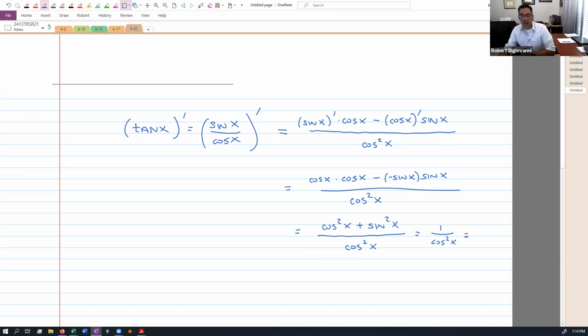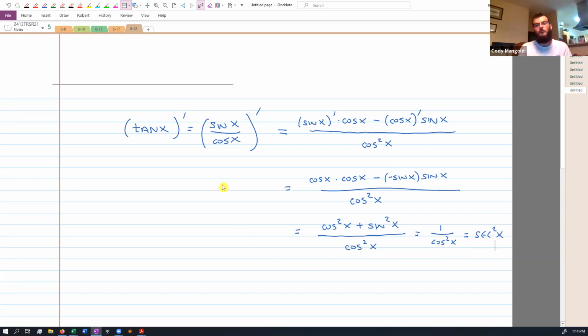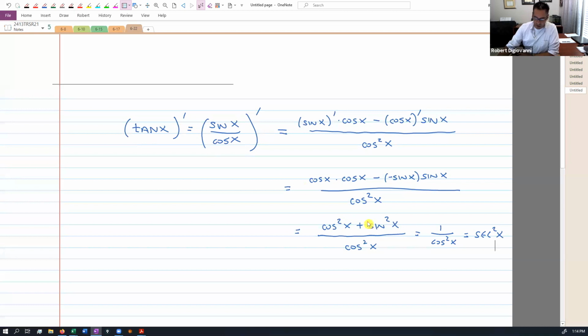But 1 over cosine is secant, so this is actually just secant squared x. I didn't do it all out, but you can prove that the derivative of tangent of x is secant squared of x, and it only requires that you understand the quotient rule. So it is not composition. It's not part of the chain rule.